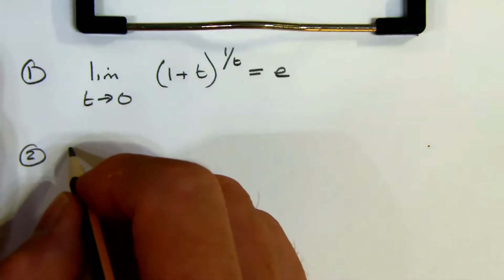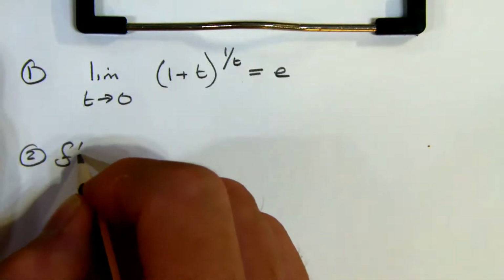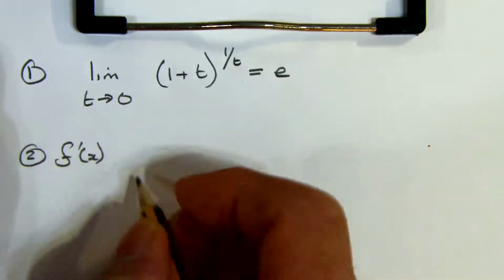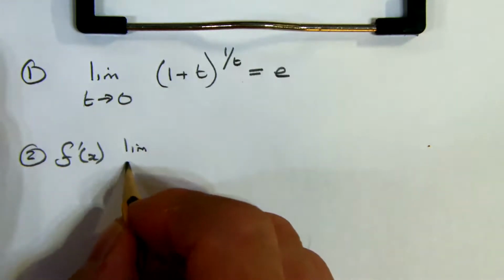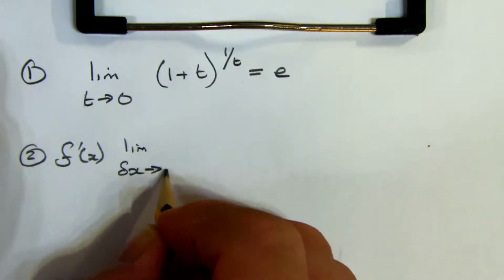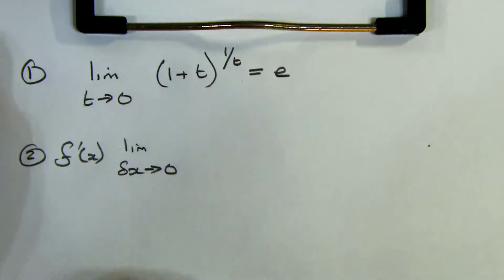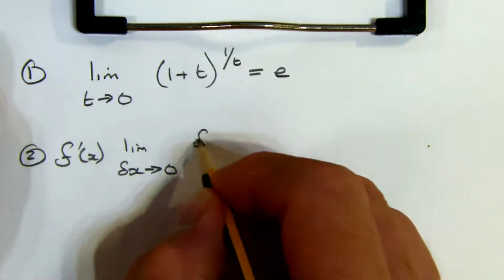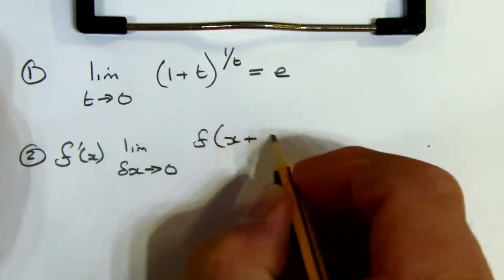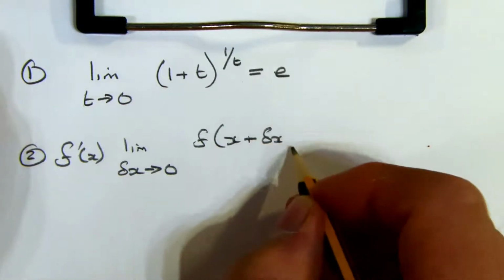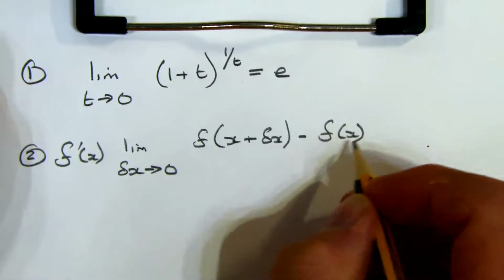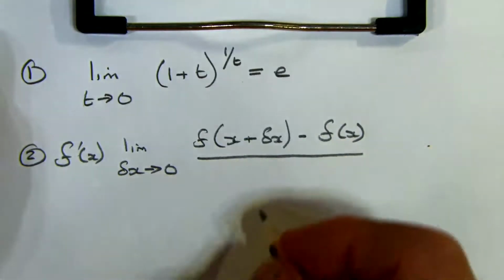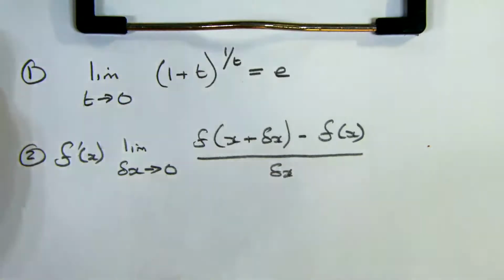So to look at our differential of our equation, we know that the limit as delta x approaches 0 is going to be our function of x plus delta x minus our function of x, all divided by delta x. And that's our second thing we need to know.